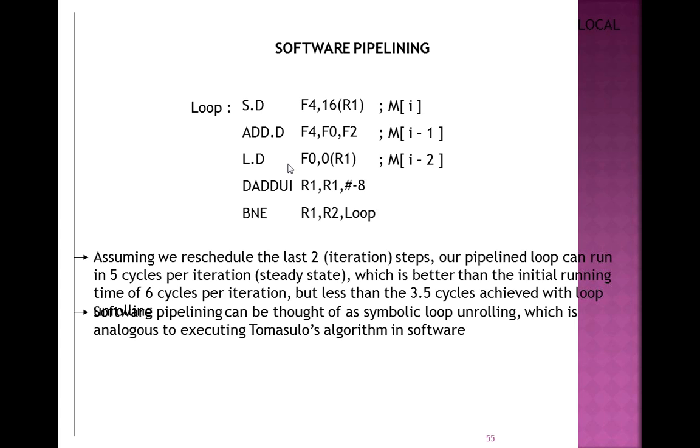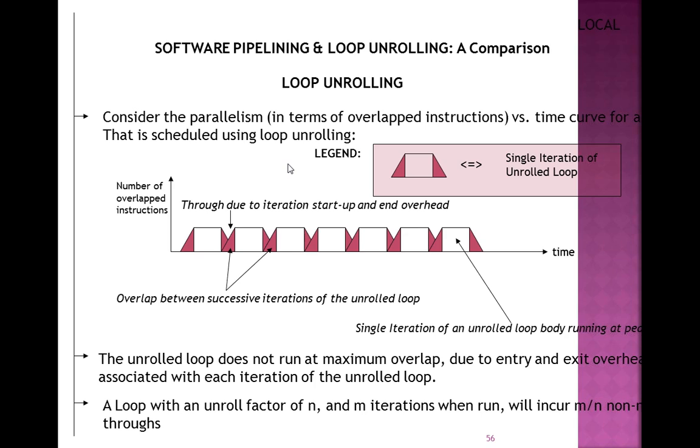The next part says software pipelining can be thought of as symbolic loop unrolling, which is analogous to executing the Tomasulo algorithm in software. So loop unrolling is a very important feature used with pipelining for ensuring that program performance will be increased.